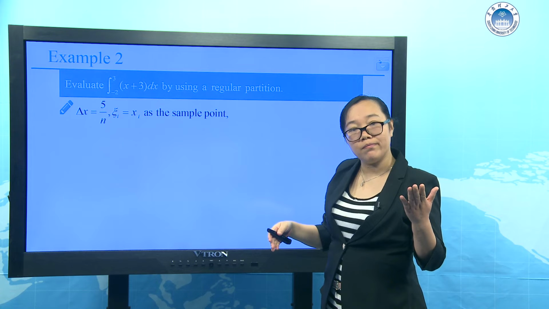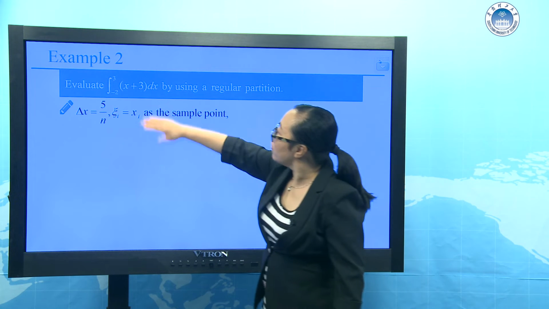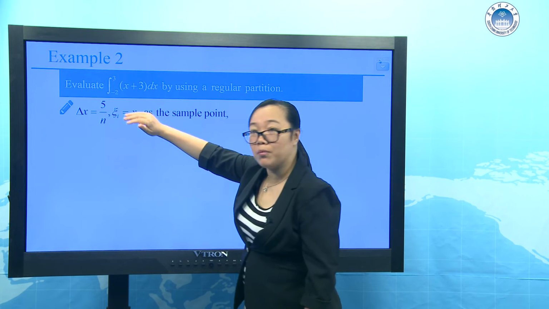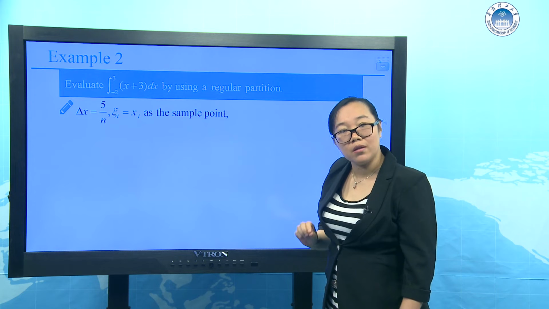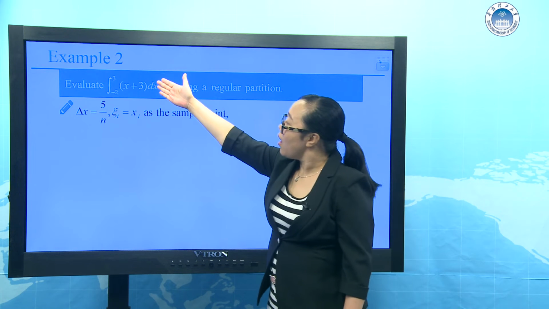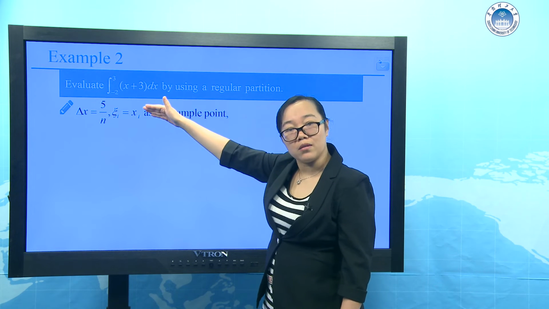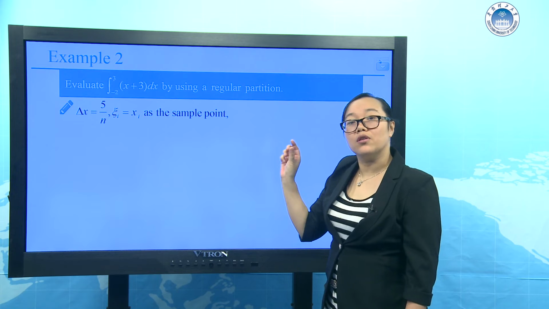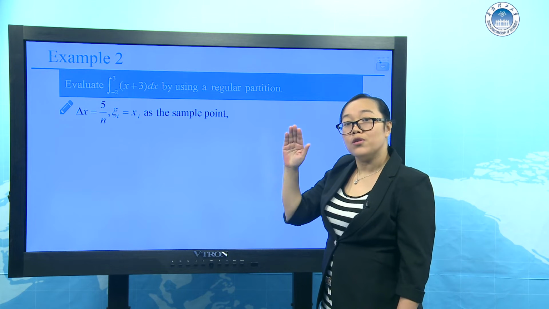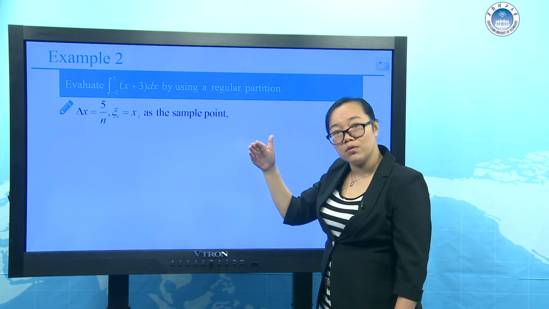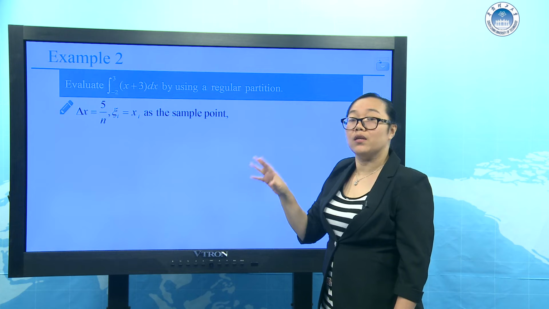Why is it 5? You should pay attention to the upper limit and the lower limit values. Upper limit equals 3, lower limit equals -2. How about the distance of the interval? 3 minus -2 means 3 plus 2 equals 5.